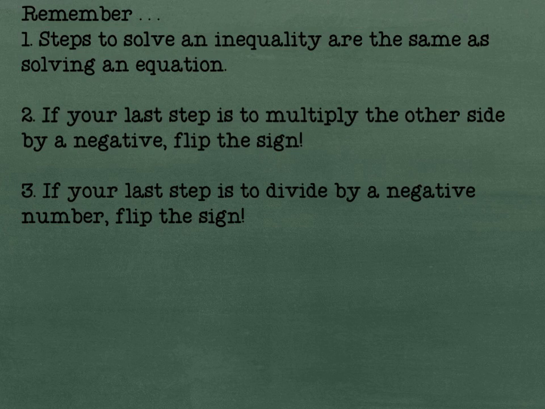Finally, remember, the steps to solving an inequality are the same as solving an equation. If your last step is to multiply the other side by a negative, flip the sign. If your last step is to divide by a negative number, flip the sign. One more thing. If I do this, it is different than if I do this.